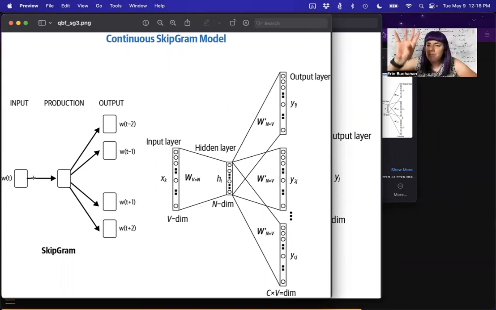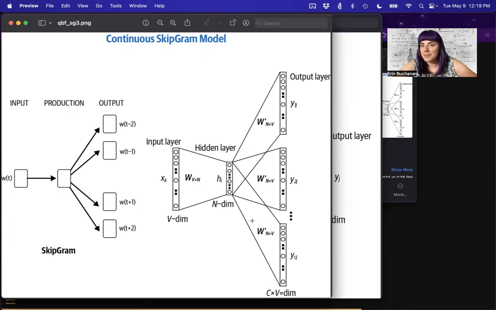So we input, here's the word beautiful. What context is that word going to appear in? Here's the words that it appears with. And so it works in the opposite order. We have our input layer of the original word, our hidden layer, and then a softmax function for each of these, and our output layer where we're predicting the probability of each vocabulary word given the original input word at t-2, t-1, t+1, t+2.